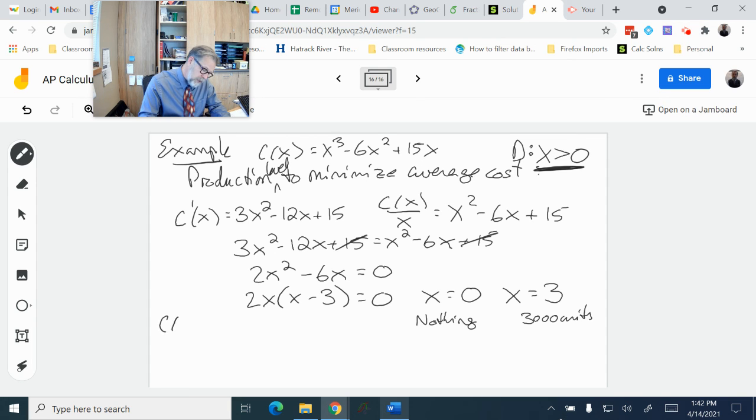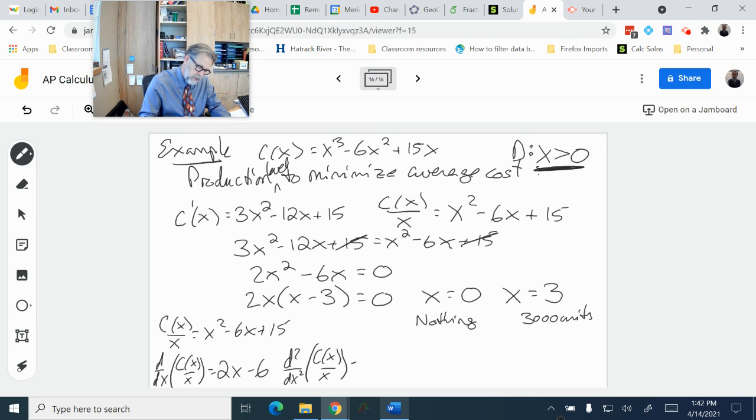Well, average cost is x squared minus 6x plus 15. The derivative of the average cost was 2x minus 6. The second derivative of the average cost is 2. 2 is greater than 0.